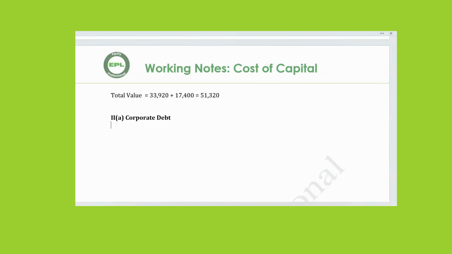Explain whether this is a realistic assumption. So what the examiner is trying to tell you here is, is it true that corporate debt is risk-free? That is, if you lend a company a loan, you cannot lose your money. You are going to get your money back. Is it true? If you think it is true that corporate debt is risk-free, you justify your points. If you think that it is not true, you also justify your points. That's what the examiner wants you to do.